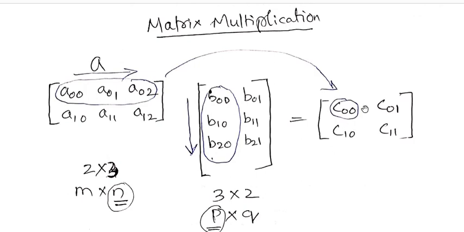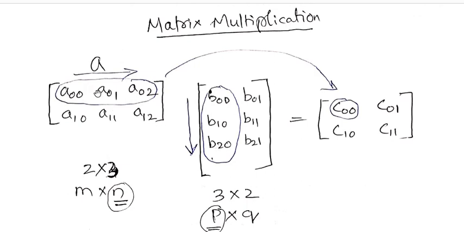The first element of the multiplied matrix is calculated using the first row of matrix A and the first column of matrix B. So C00 is equal to A00 into B00 plus A01 into B10 plus A02 into B20.